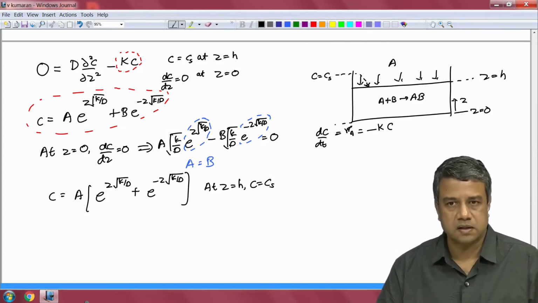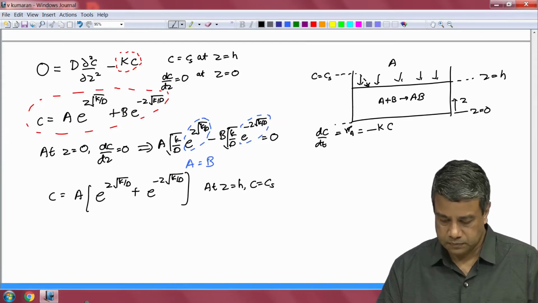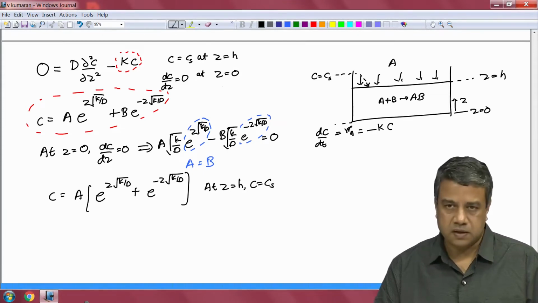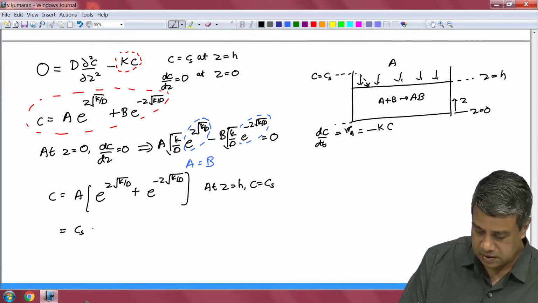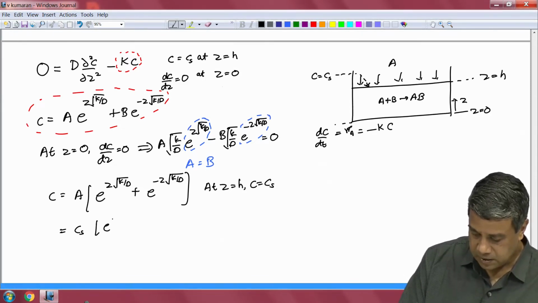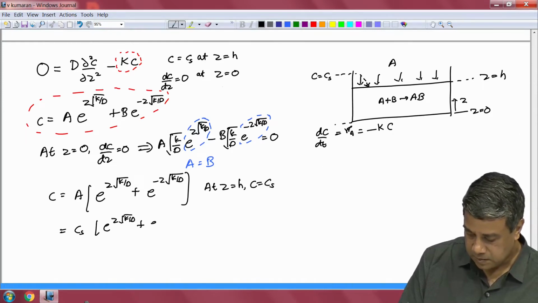So, there is a second condition, and that constant A is determined from this condition quite easily. So, you get Cs into e power z root of k by D plus e power minus z root of k by D, divided by e power h root of k by D plus e power minus h root of k by D.